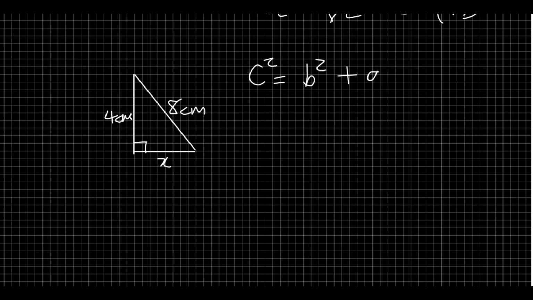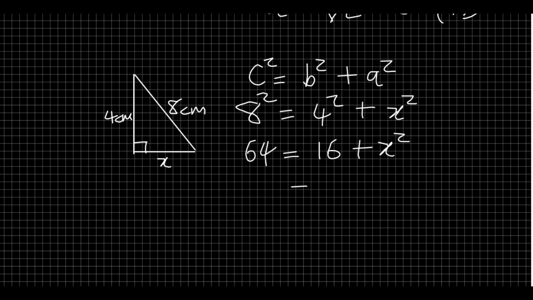To simplify this problem, C squared here is equal to 8 squared, and B squared here is equal to 4 squared, plus A squared, which is X, so that's why we say X squared. To simplify this equation, 8 times 8 is equal to 64, then 4 squared is equal to 16, plus X squared.